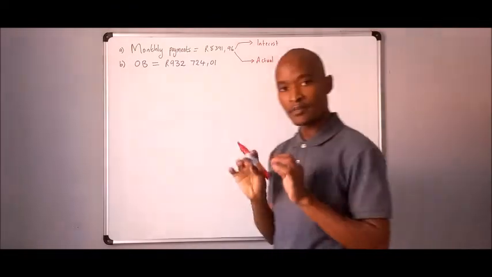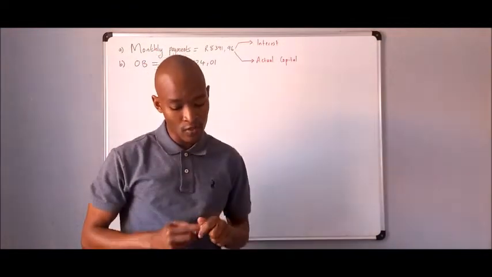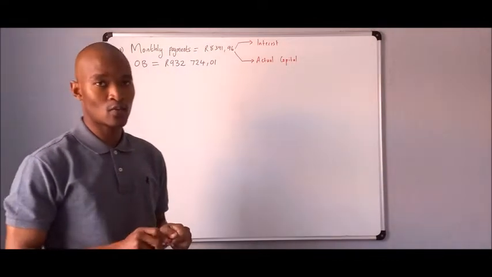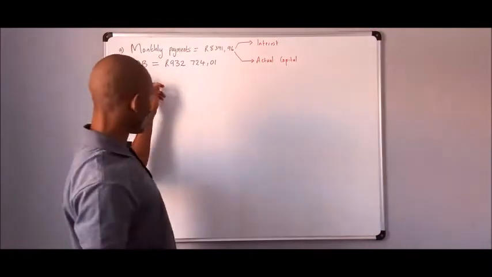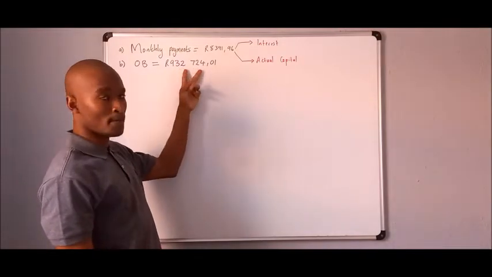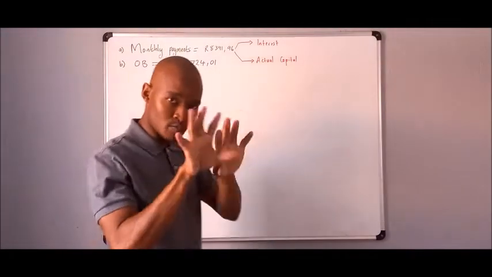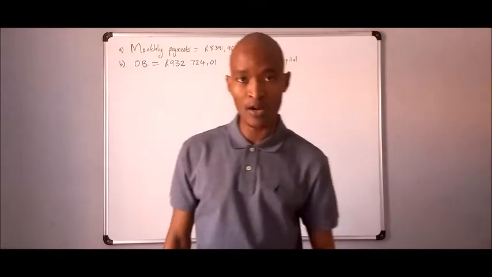Every month this amount of 8,391 rands and 96 cents will be split in that way. As this person pays per month for the next 25 years, even the outstanding balance that we calculated in B, as they pay, it is split like that up until this person settles the loan.